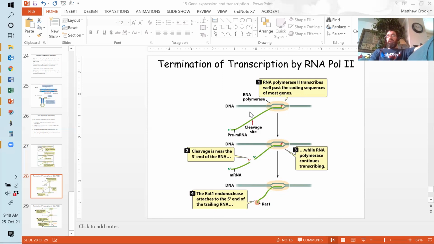And this cleavage site is a specific sequence that's recognized by an enzyme. That enzyme will only ever bind to and cut when it finds that specific sequence. So in a sense, the gene does encode its own sequence required for transcription termination, which is kind of similar to intrinsic termination.